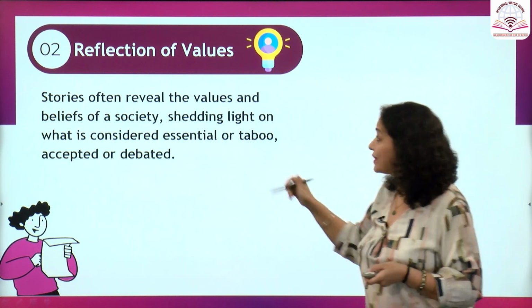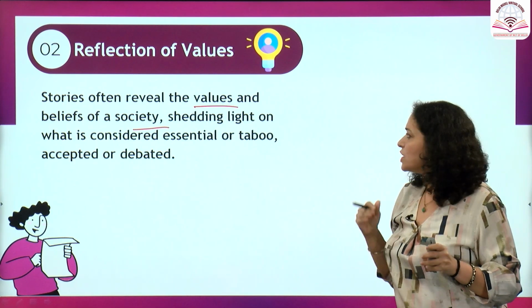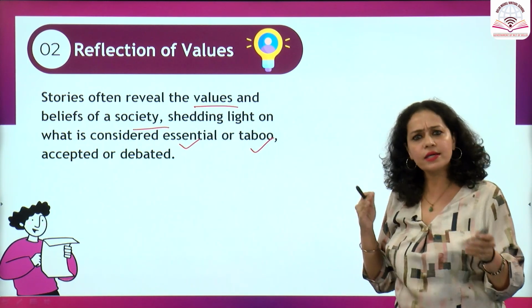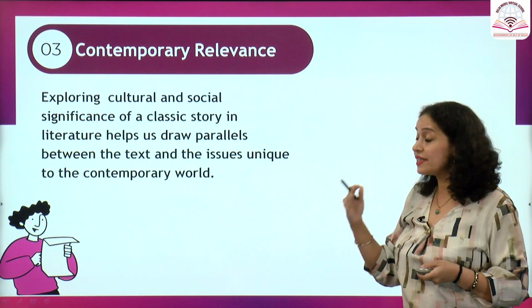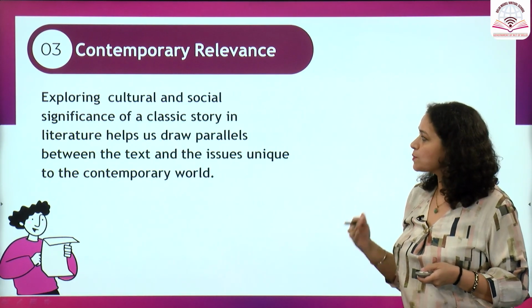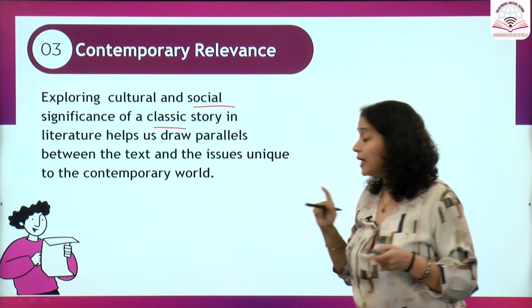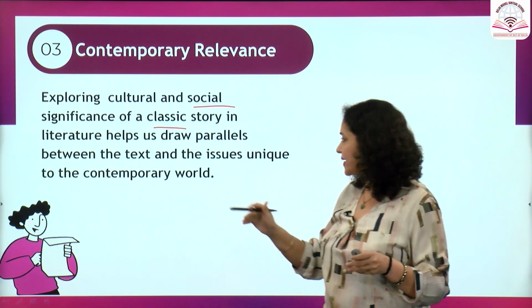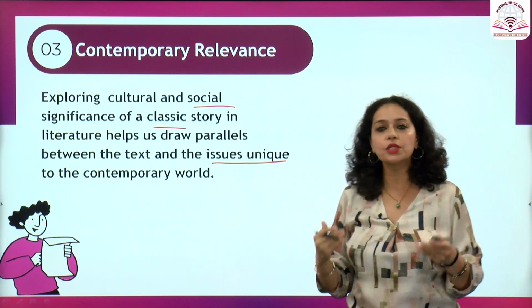Stories often reveal the values and beliefs of a particular society, shedding light on what is considered essential or taboo, accepted or debated. And if we talk about contemporary relevance, exploring the cultural and social significance of a classic story in literature helps us draw parallels between the text and the issues unique to the contemporary world, to the topical world.